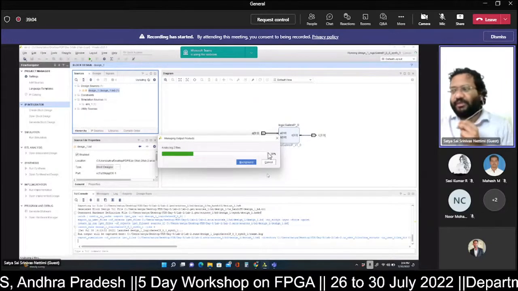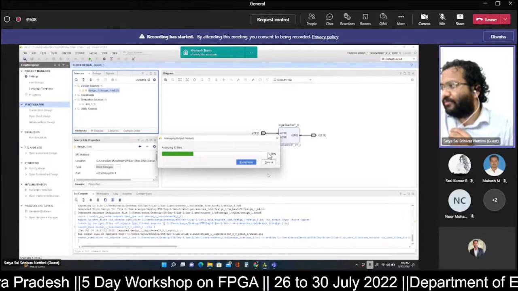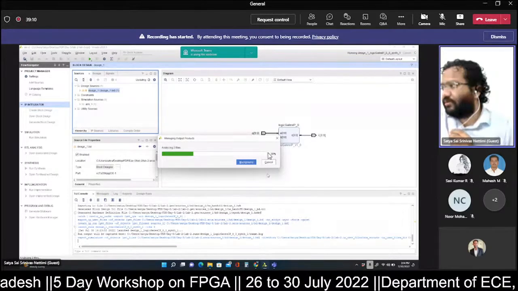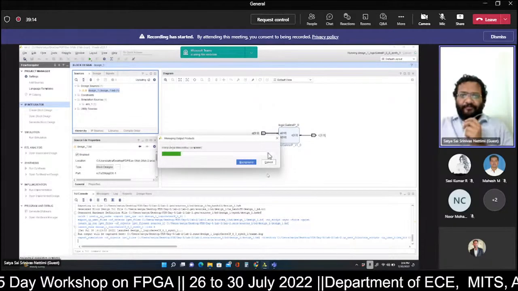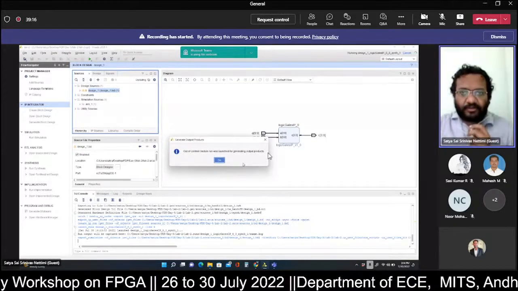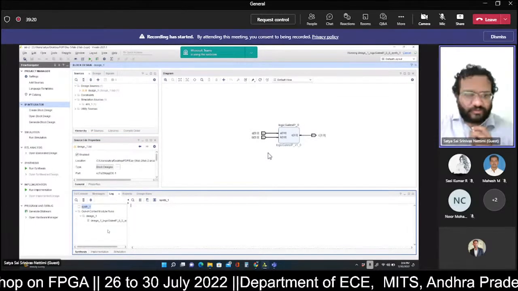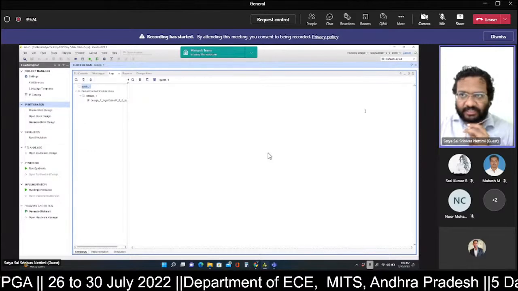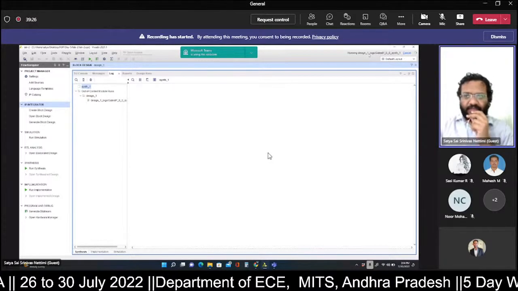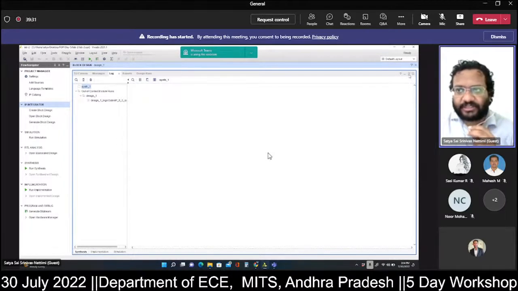It will take some considerable amount of time. You can open the log and check. It is still working on it. Even the status can be identified on the top right hand side corner. Output products are generated successfully.